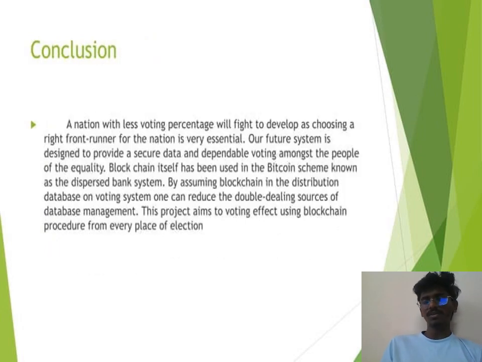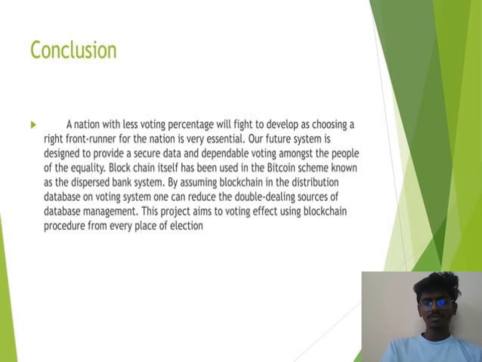Moving on to the next slide for the conclusion. For a nation with a low voting percentage, choosing the right front runner is very essential. Our future system is designed to provide secure data and dependable voting amongst the people. Blockchain itself has been used in the Bitcoin scheme known as a distributed banking system.